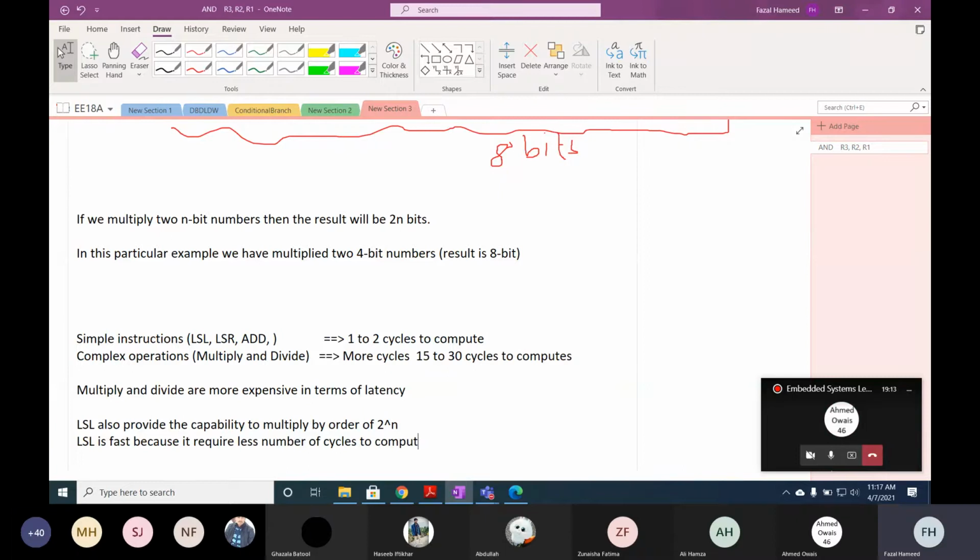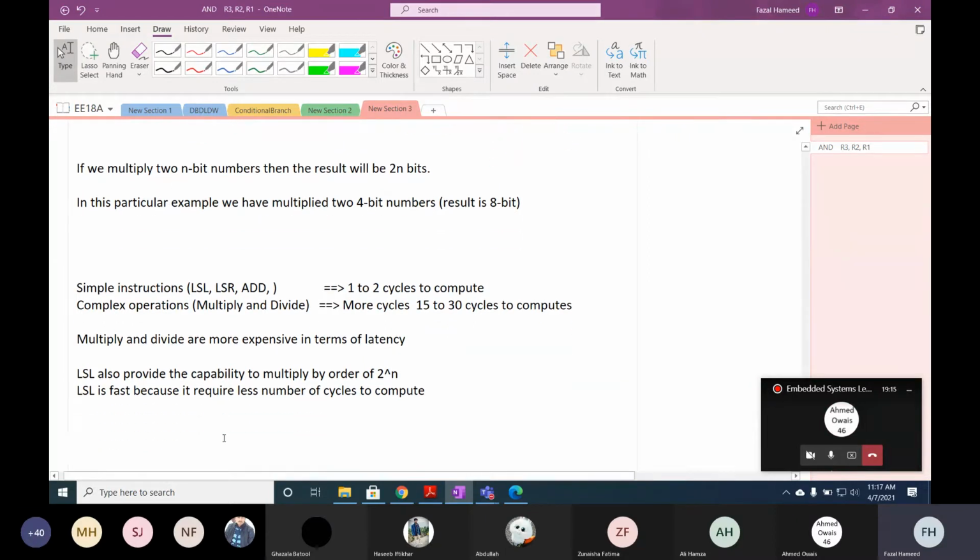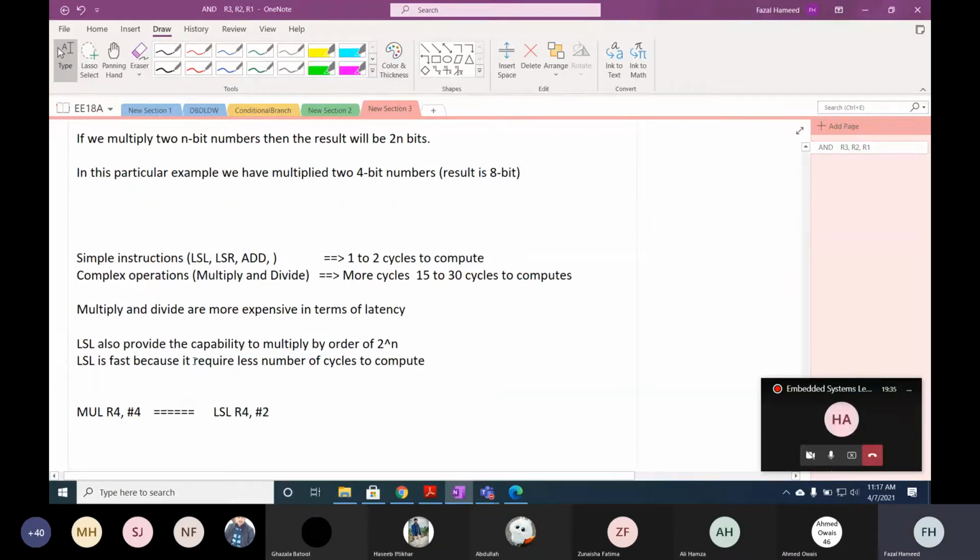to compute. But that's the point: if we have this instruction, multiply R4 with 4, this instruction is equivalent to shift left R4. Am I right or not?